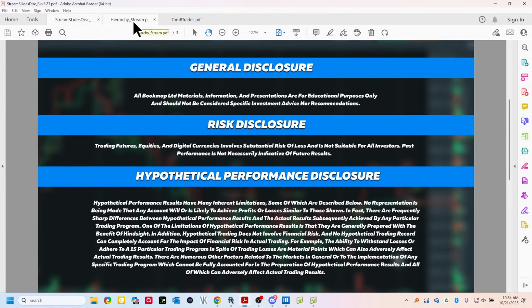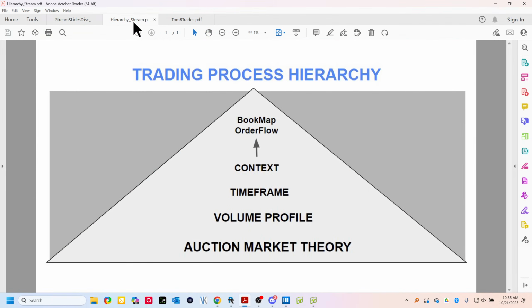Now, let's take a look at the hierarchy of process. This is something I think every trader needs to understand, in the sense of how they slice and dice the market. The market is not one-dimensional. It is really a function of the condition of the market. And this is based on something called auction market theory.